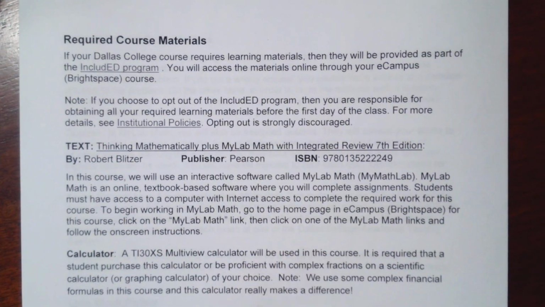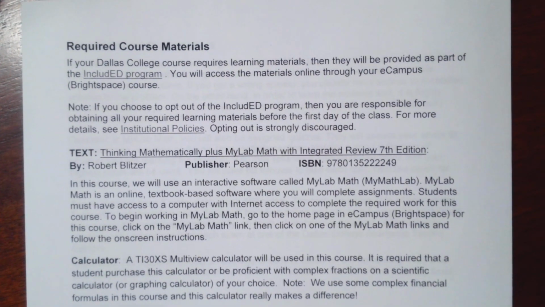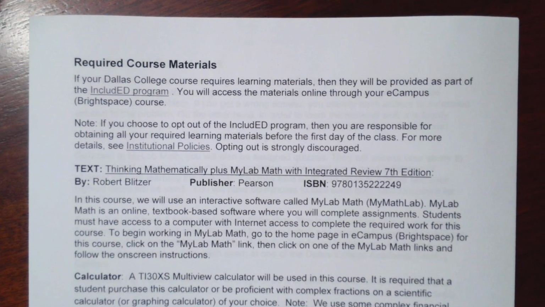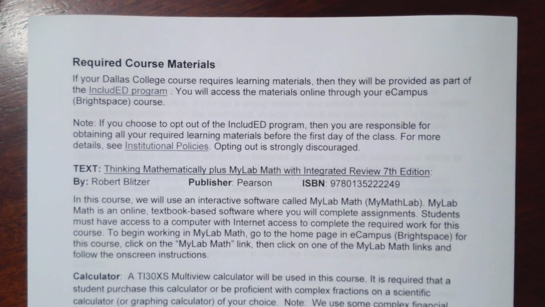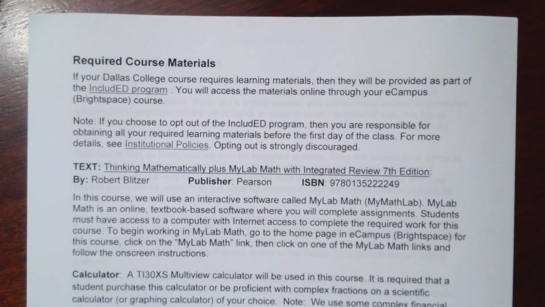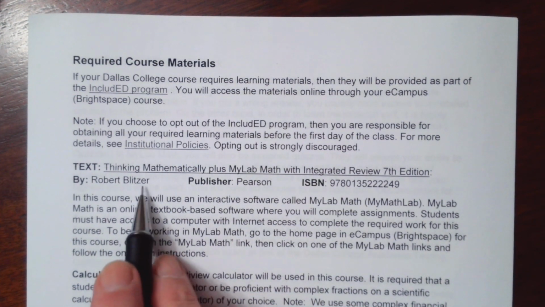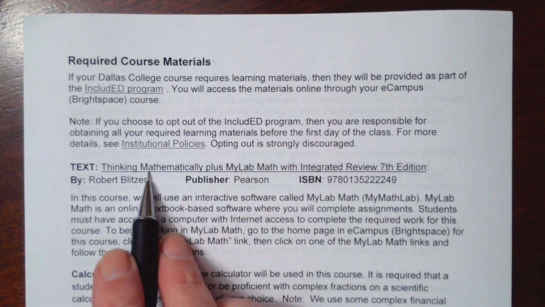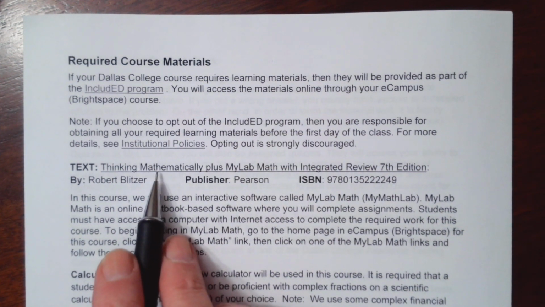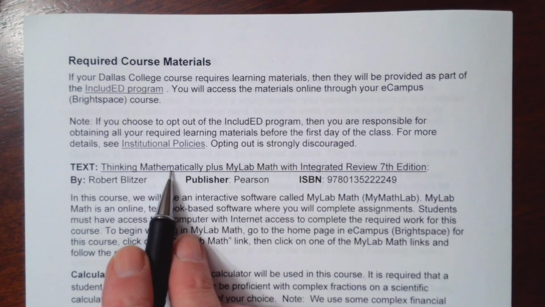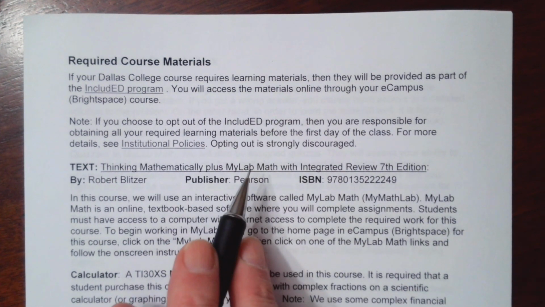Let's go on to required course materials. So basically, as part of your tuition cost, it includes the course materials, which for this course would be MyLab Math, which includes an online version of the textbook, which is listed here, Thinking Mathematically, 7th edition.